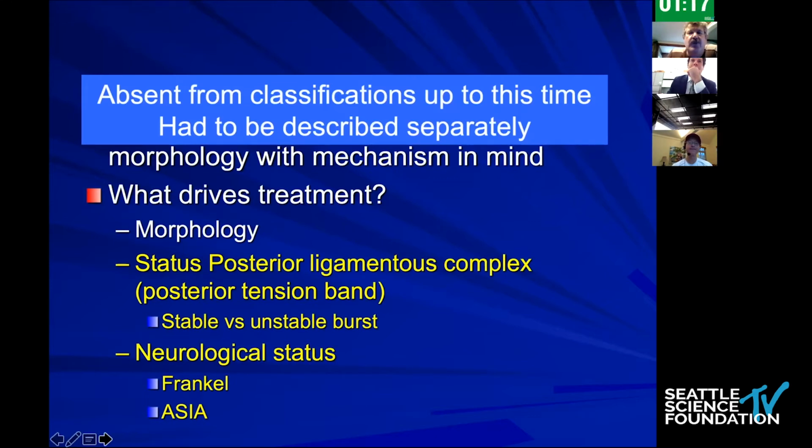So these were all absent from the classifications up to this time, okay? And they really had to be described separately. So there was no classification that brought all these concepts together, particularly the ones we considered important to drive treatment.